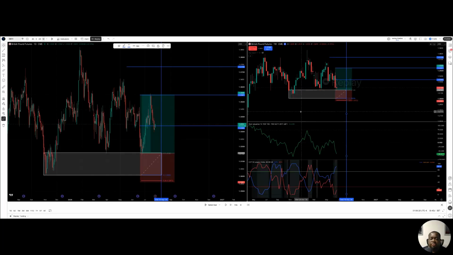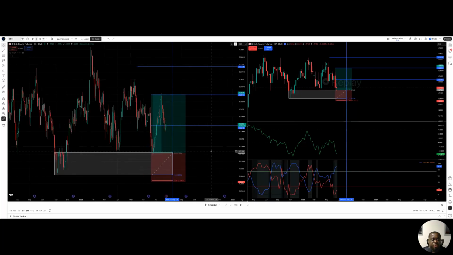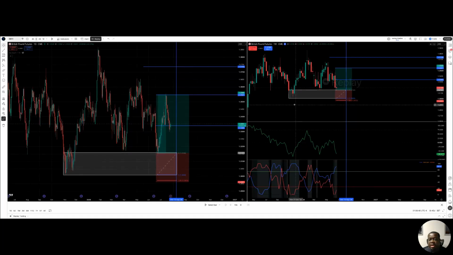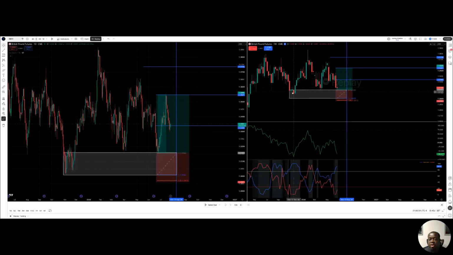So getting this information, I went to my daily chart to find a strong demand zone. And one thing that has been working for me for these past years is that wherever I'm picking my demand zone, I go back to the higher time frame to see if that demand zone is also covered by the higher time frame, which is the weekly right here.